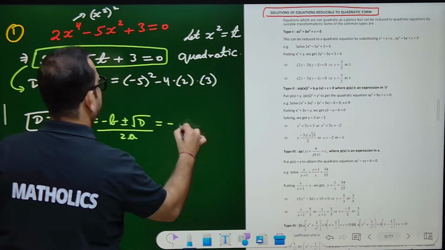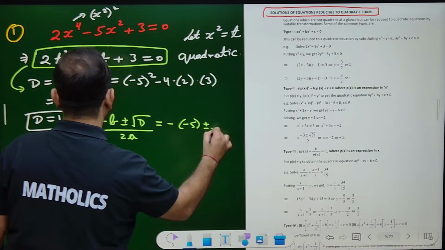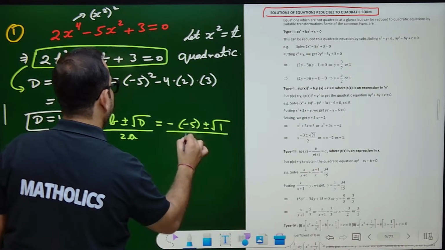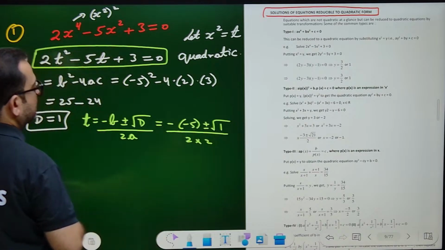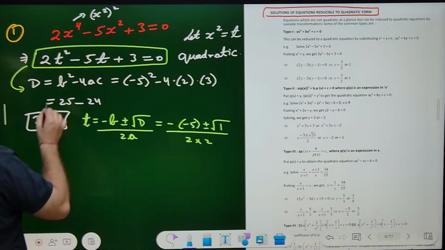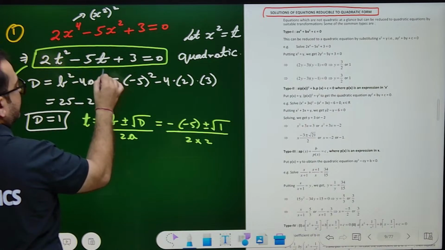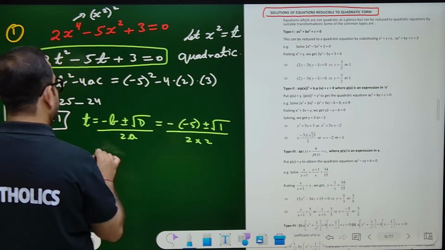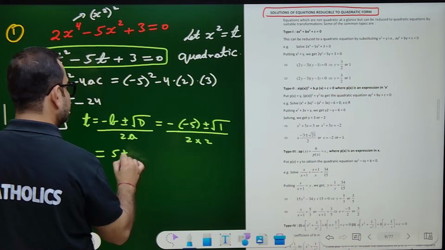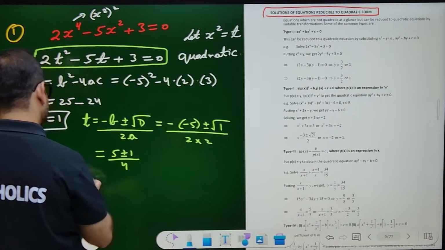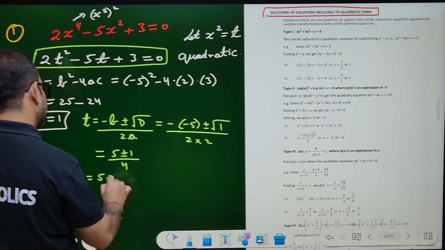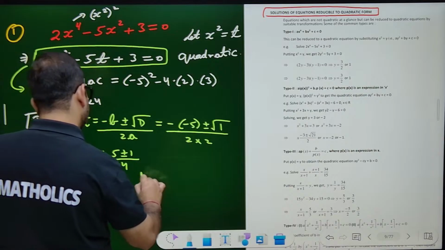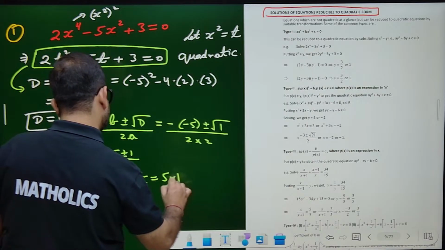That means minus of minus 5 plus minus under root of 1 by 2 into 2. So t equals 5 plus minus 1 by 4. First time we'll write 5 plus 1 by 4, another time 5 minus 1 by 4.